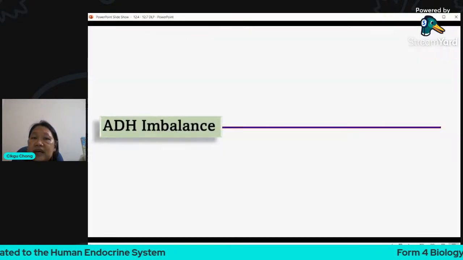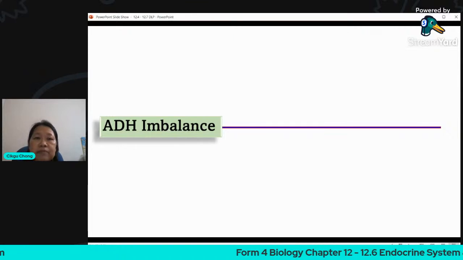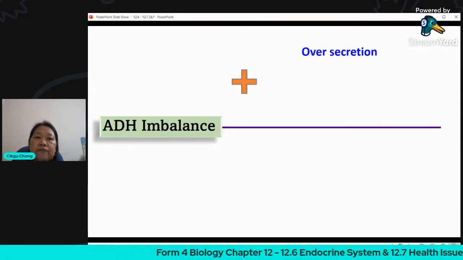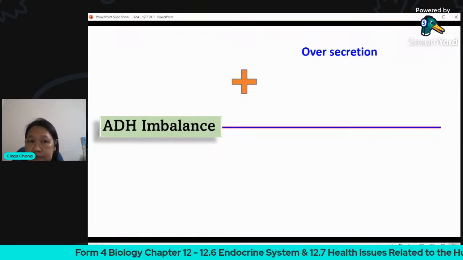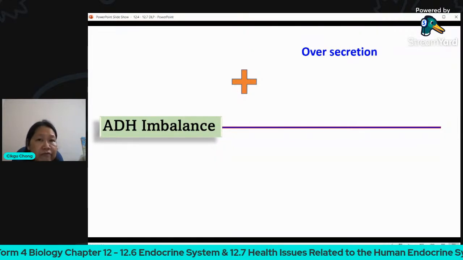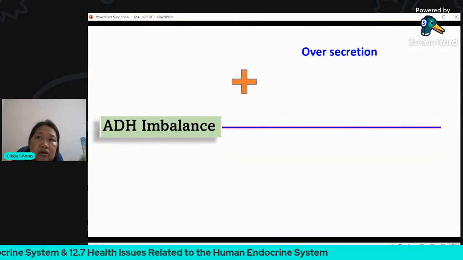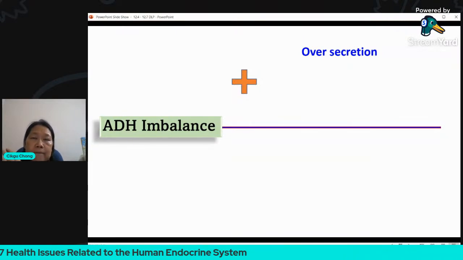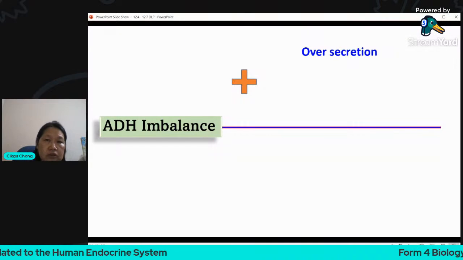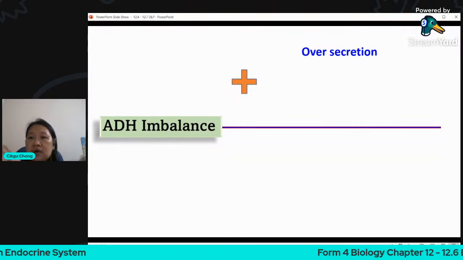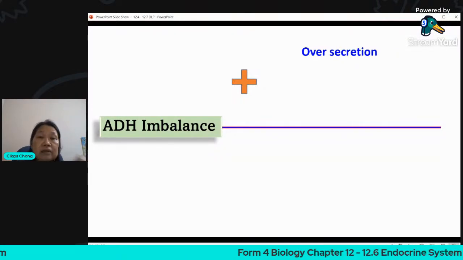Okay, next hormone, ADH, anti-diuretic hormone. What happens when you have too much anti-diuretic hormone? First of all, you must remember the function of ADH. ADH is to stimulate reabsorption of water. So when you have too much ADH, a lot of water is taken back.